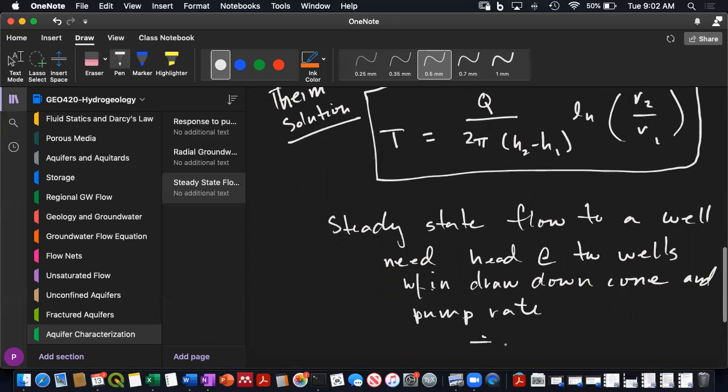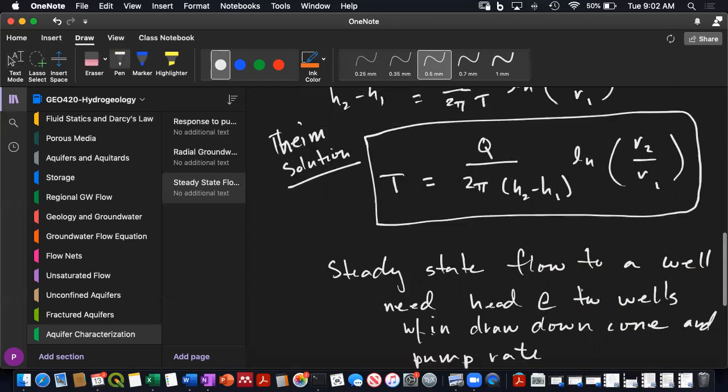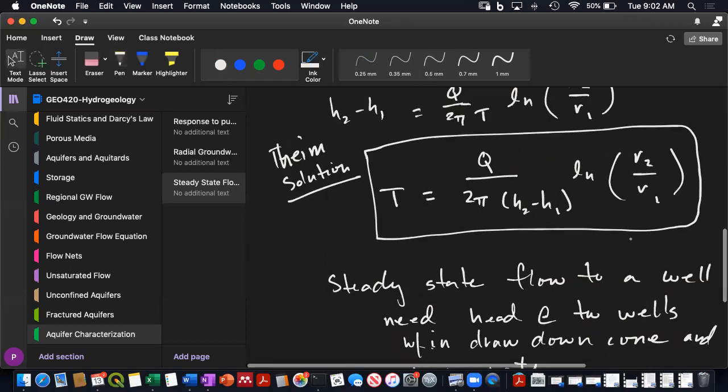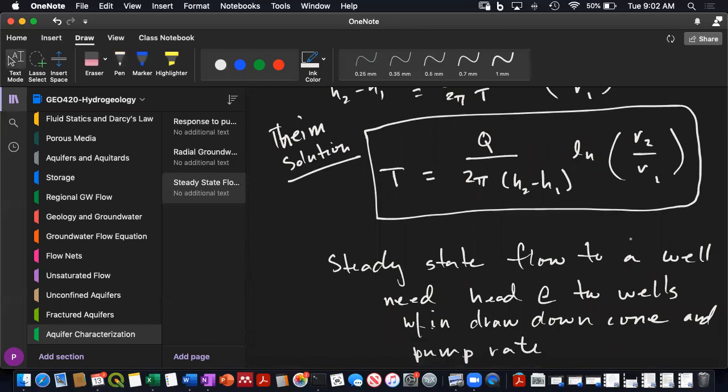And I can get the transmissivity of my aquifer from this equation. So this is the simplest case. If I've been pumping forever, my drawdown cone has not changed, and I happen to have 2 observation wells in my drawdown cone, then I can calculate the transmissivity.